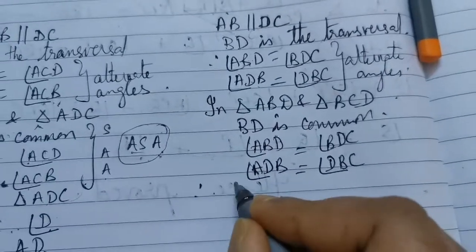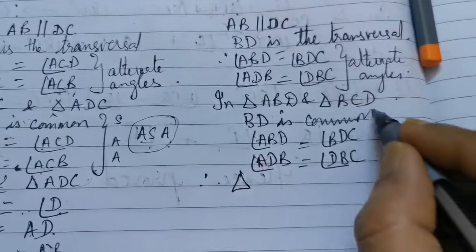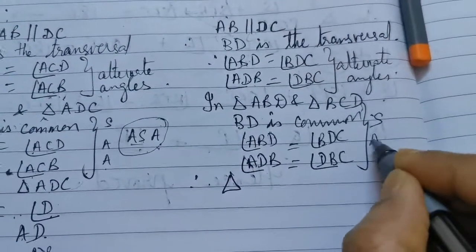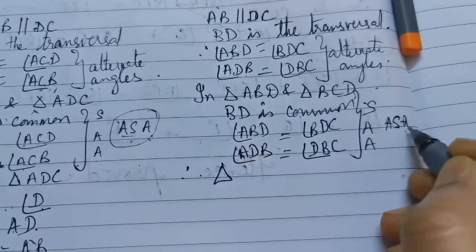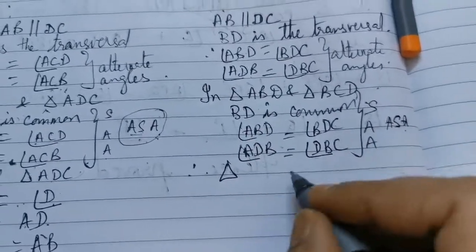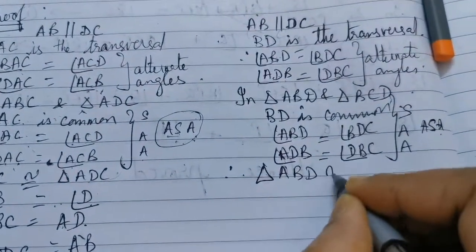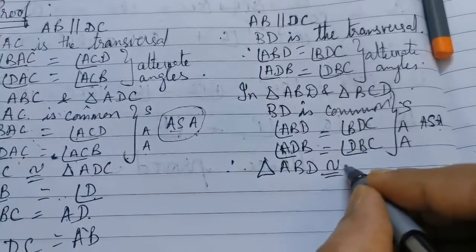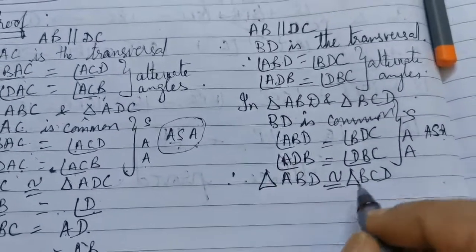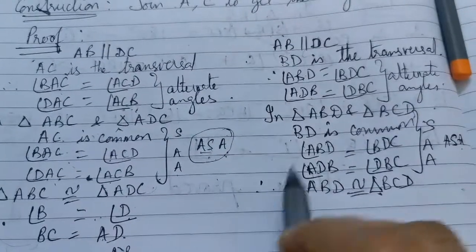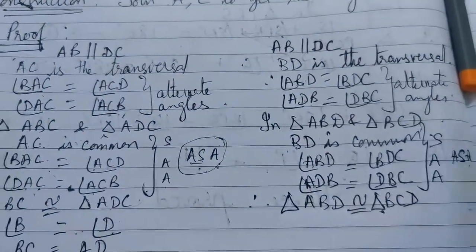Therefore, my two triangles are congruent because three properties are the same: two angles and the side included between them. So triangle ABD is congruent to triangle BCD. Now, from the property of congruency, I can conclude a few things.